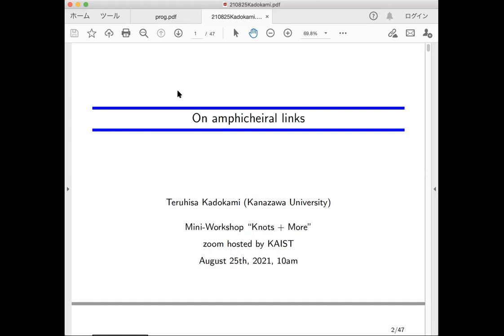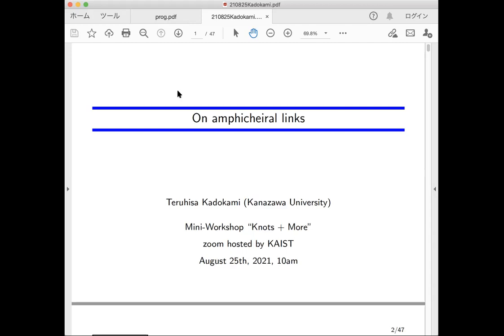We like to consider this kind of problem: the trefoil, right-hand trefoil and left-hand trefoil, whether they are equal or not.